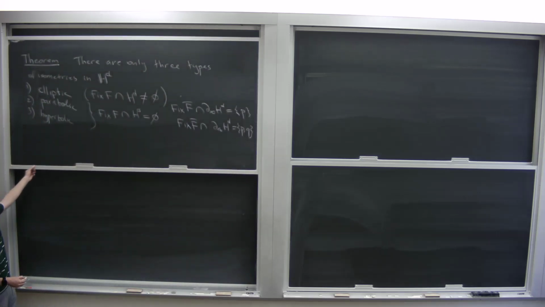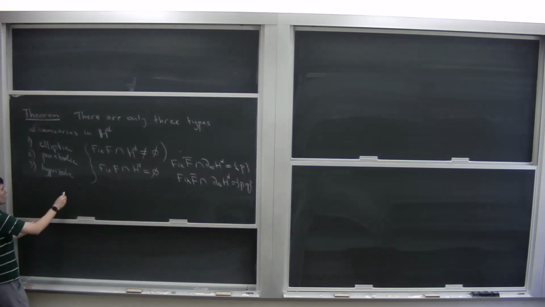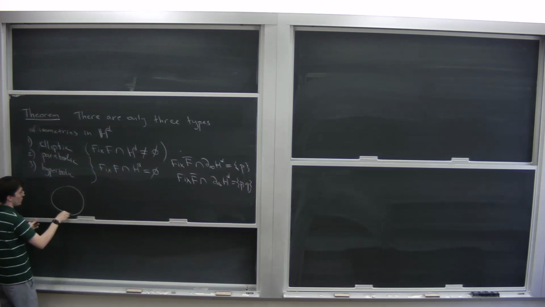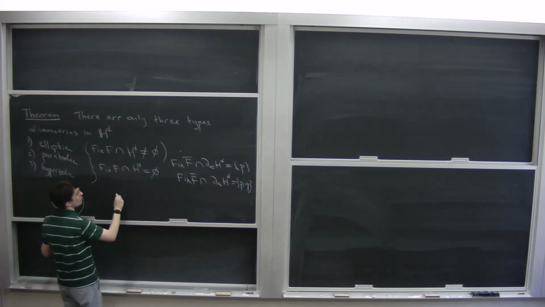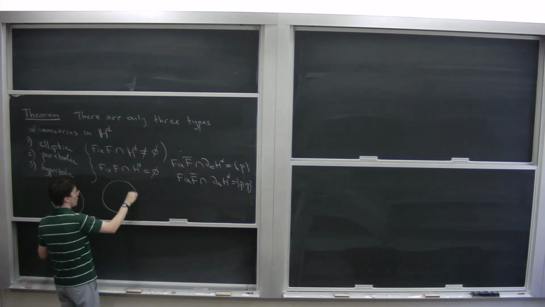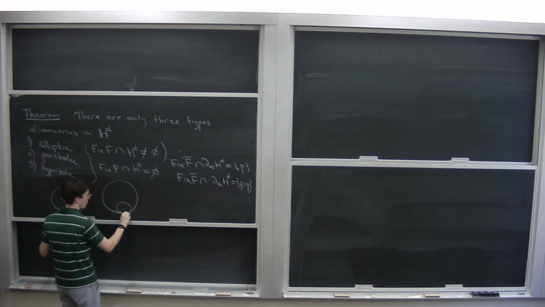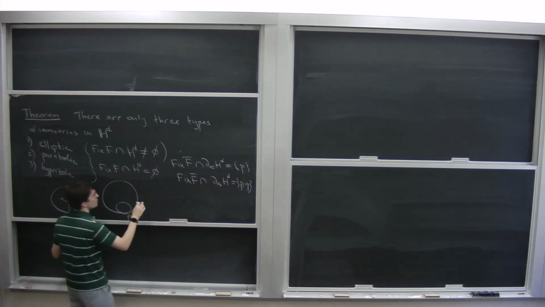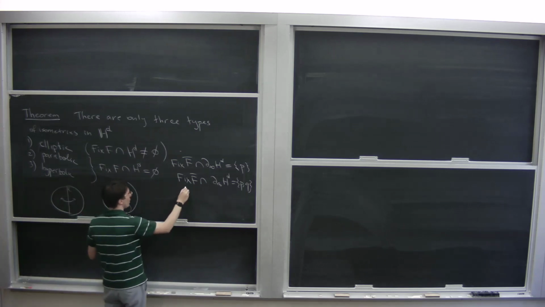Okay, so in fact, let me just draw a picture. We have three types. For example, it can be reflection, and then we fix the geodesic. The parabolic case, it is the rotation around the point. Well, it's one of the examples.